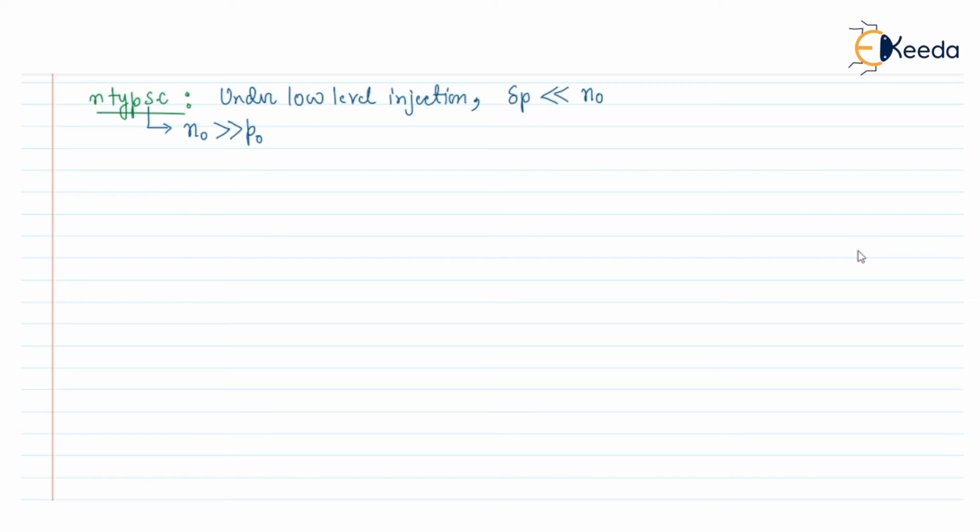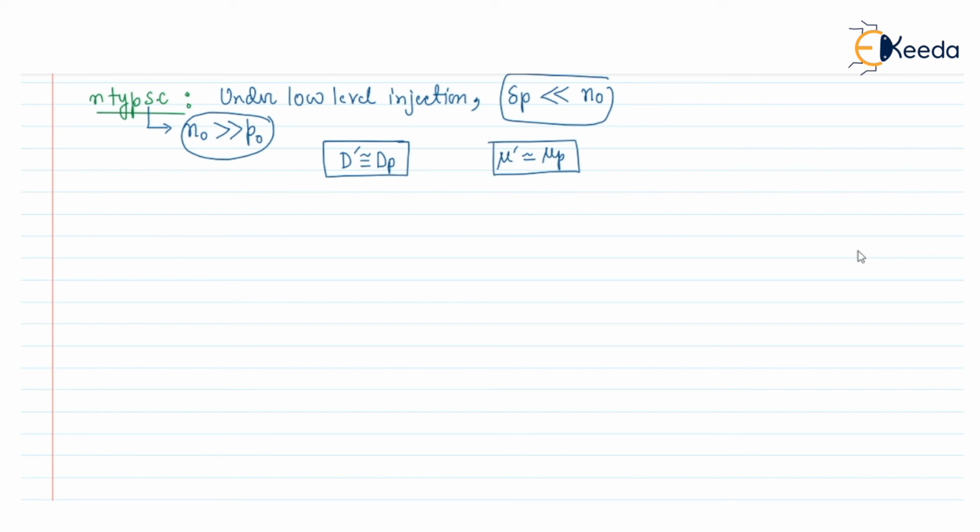And if we use this consideration or approximation for the mu dash and D dash for ambipolar transport, we can see that D dash will be nearly equal to dp for the n-type semiconductor, and mu dash will be nearly equal to mu p.